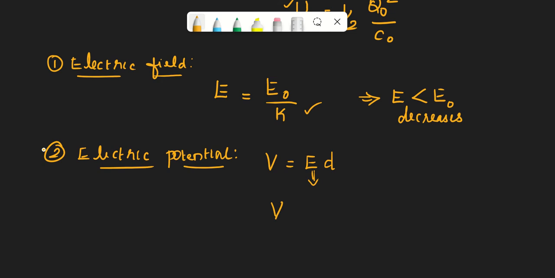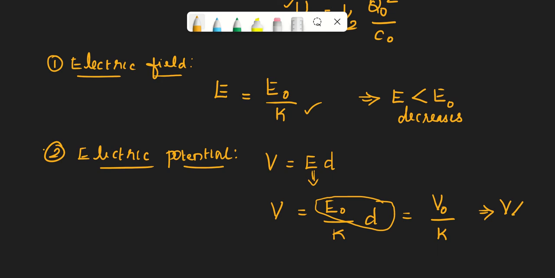So V equals E0 by K times D, which means that E0 D is actually V0. So we can write this as V0 divided by K, which means V is also less than V0. This also decreases.